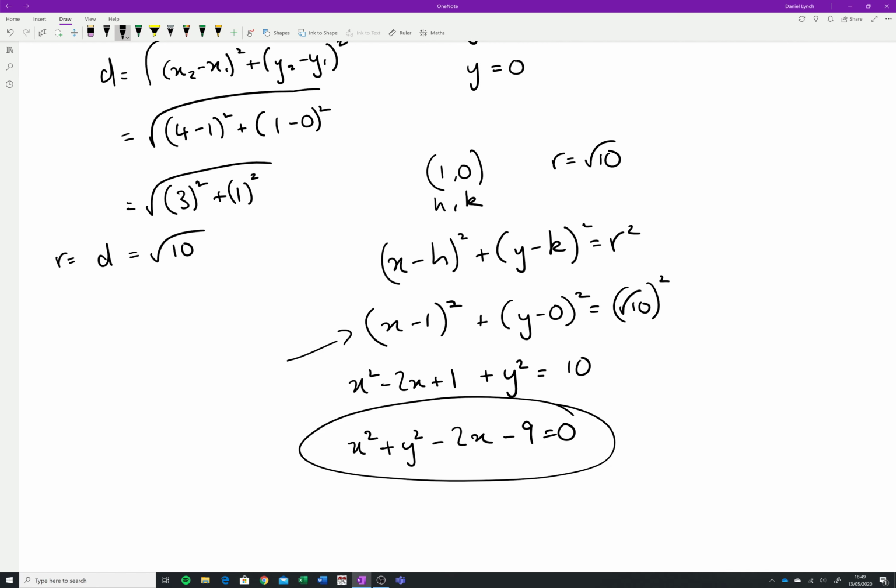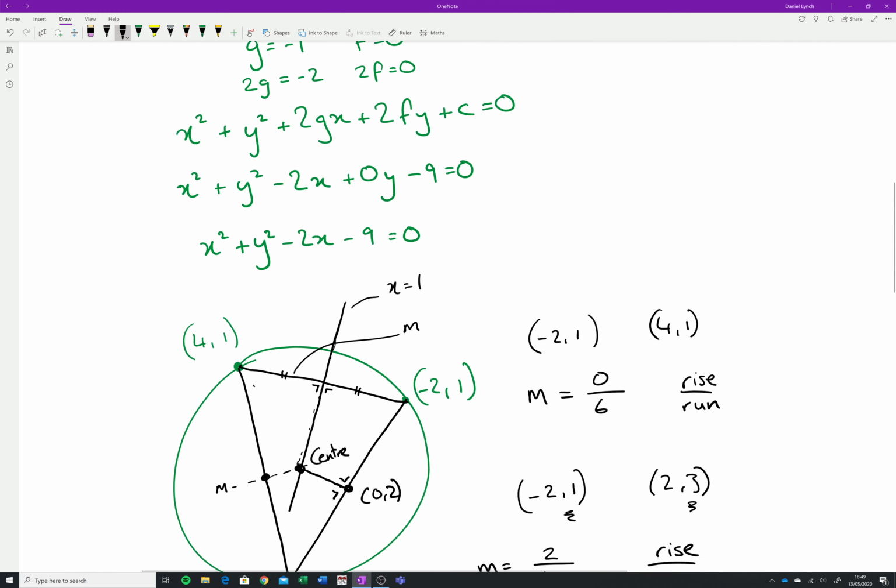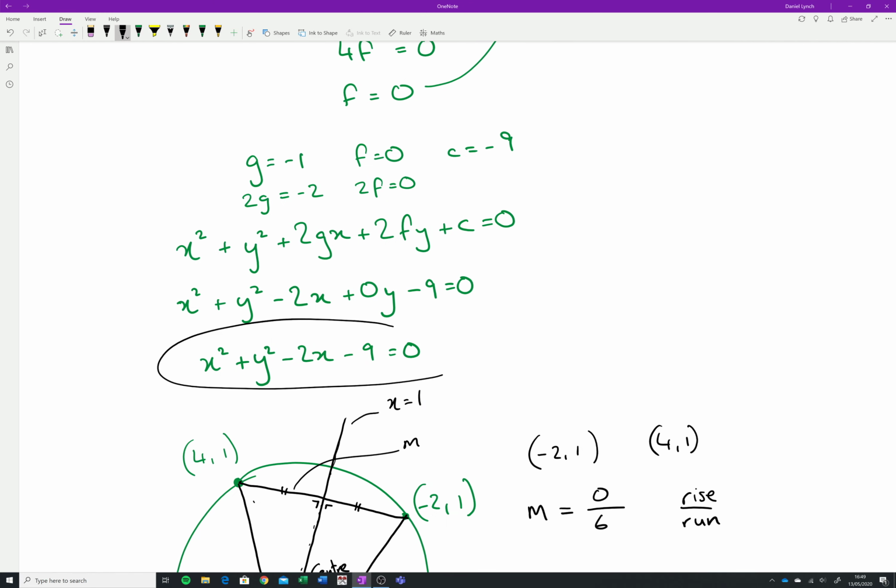It would have been fine to leave it like that. Well, you might just change root 10 squared to just 10 and maybe y minus 0 squared to y squared. But if you check that answer and compare it to when we did our simultaneous equation, you get the exact same answer. Ooh, okay, I know which one I prefer out of the two of those.